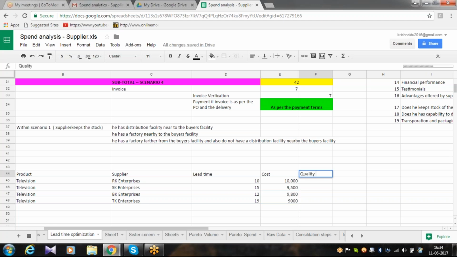Quality or reviews, I'd say. Reviews is 5 out of 5. Then review is 5 out of 5. 4 out of 5 and 4.5 out of, let me put 5 out of 5. AMC providing, yes. Providing, yes. Everybody is providing the annual maintenance contract.